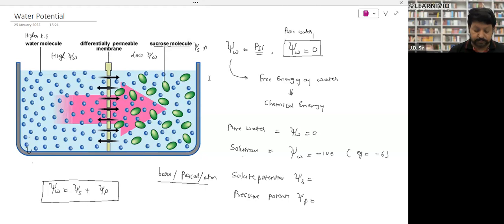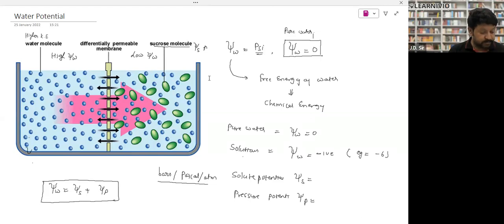Full stop. Solute particles reduce the free energy of water molecules.